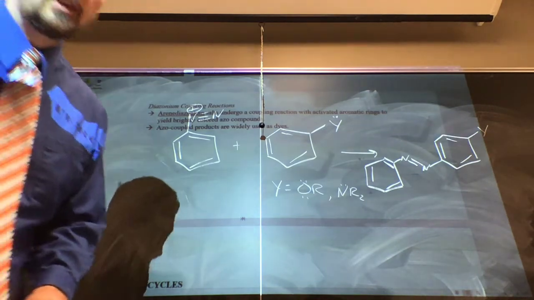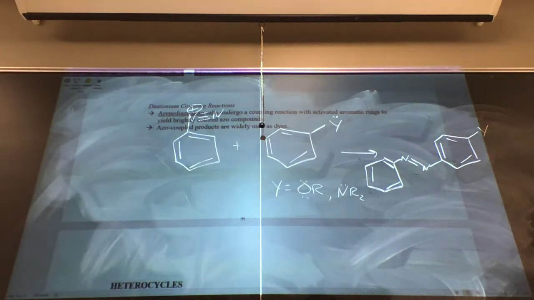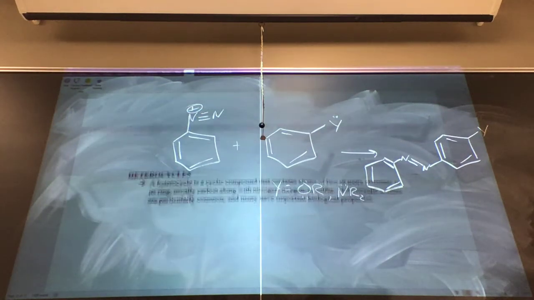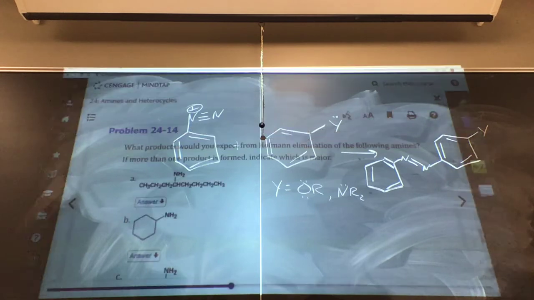The last part here deals with heterocycles, and I talked about heterocycles before. A heterocycle is a cyclic compound that contains atoms of two or more elements in its ring, usually carbon along with nitrogen, oxygen, or sulfur. Heterocyclic amines are particularly common and many have important biological properties.